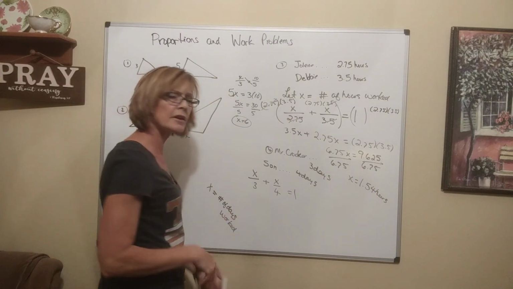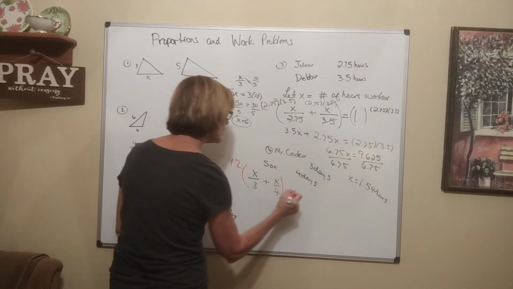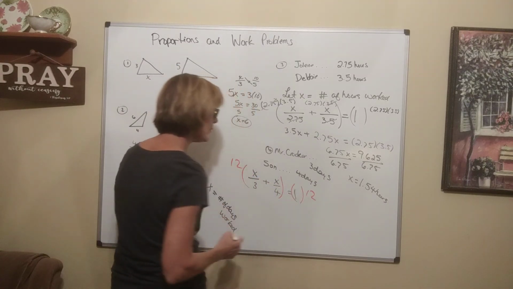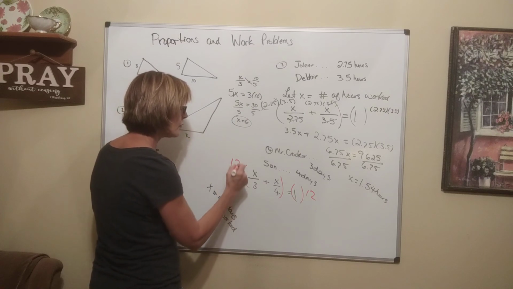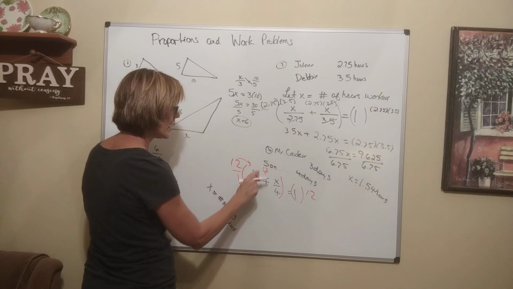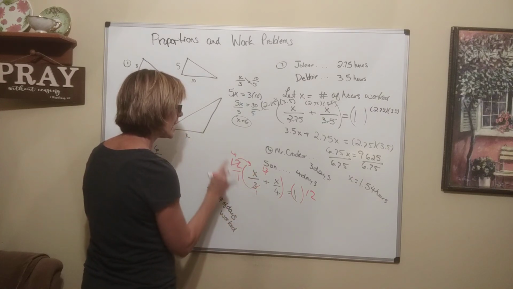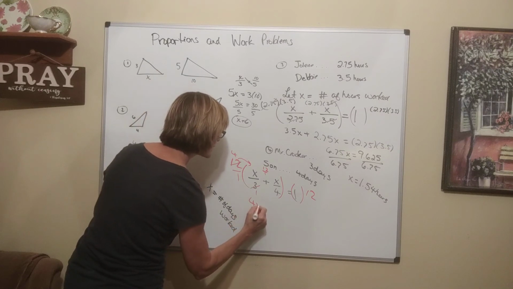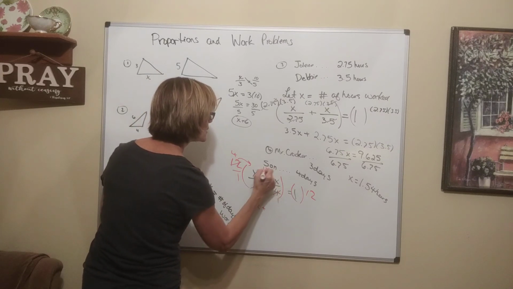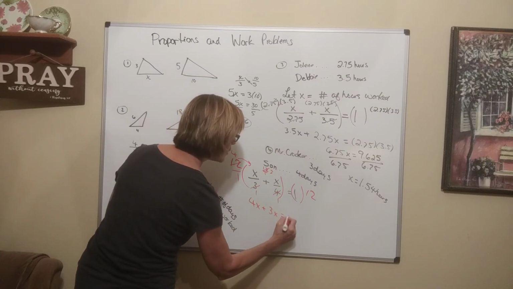The lowest common denominator here is 12. If I multiply the left side of this equation by 12 and the right side by 12, that will work. This 12 will distribute to this term as well as to this term. So X over 3 times 12 over 1: 3 will go into 12 4 times, 4 times X is 4X. 4 goes into 12 3 times, 3X over 1 is 3X. 1 times 12 is 12.